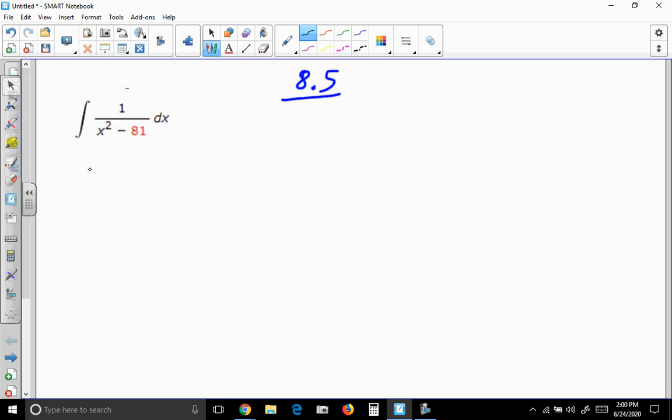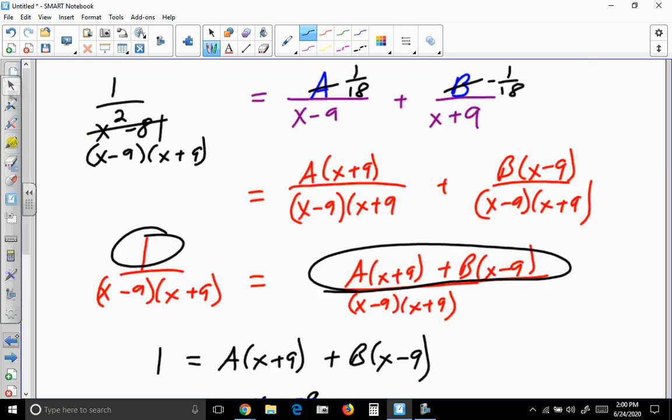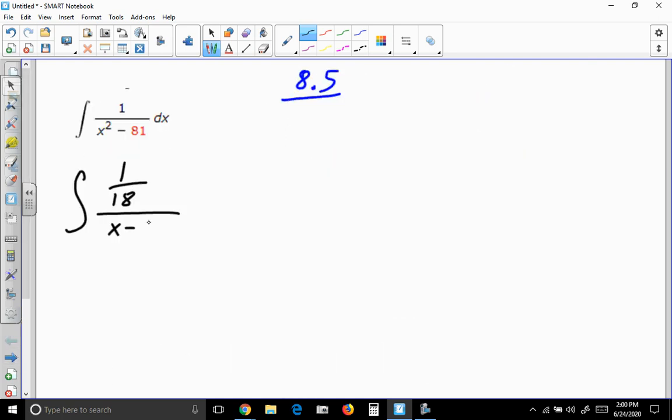So that means that our integral we can rewrite as 1 over 18, all of that over x minus 9, plus negative 1 over 18, all of that over x plus 9.